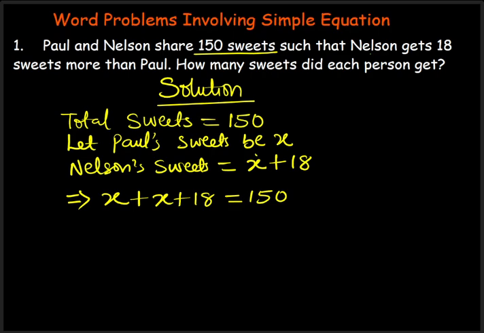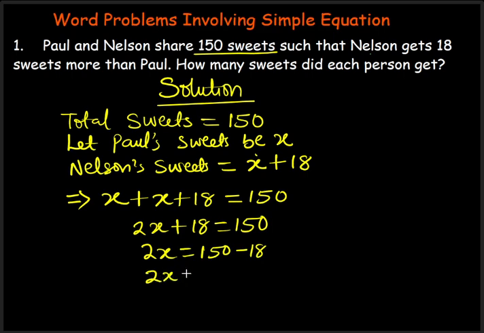So what do we get here? 2x plus 18 equals 150. Collect like terms, 2x equal to 150 minus 18, and then 2x will be equal to 132. So we divide both sides by 2, and our x will be equal to 66.